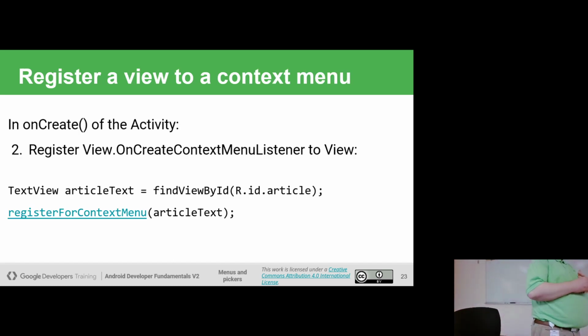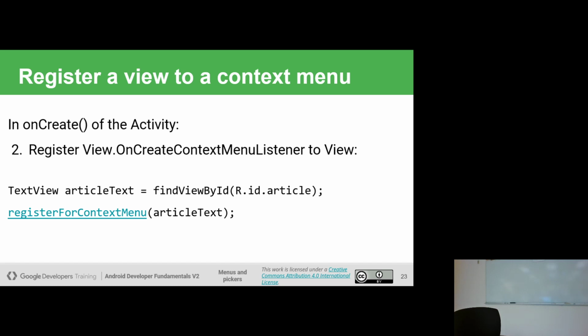In the onCreate method, what I need to do to register this context menu is first go grab the actual control. I'm going to say findViewById, go grab the ID with article. So you grab the article text, then we're going to say register for context menu.